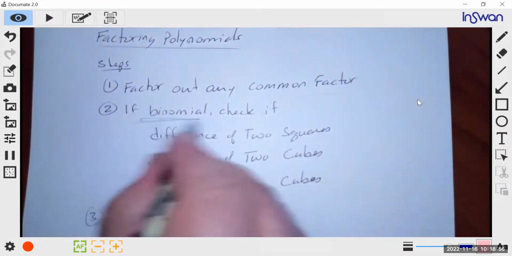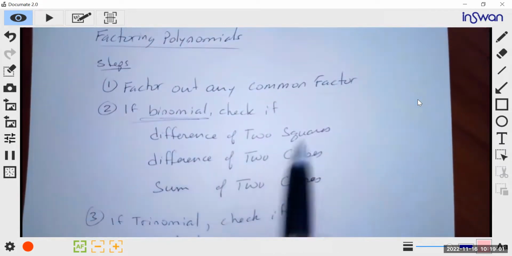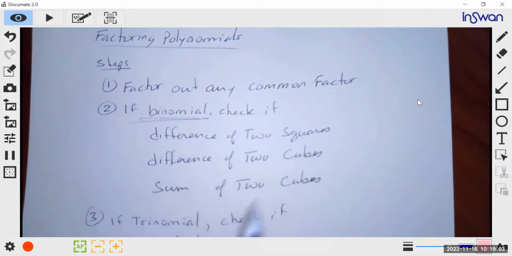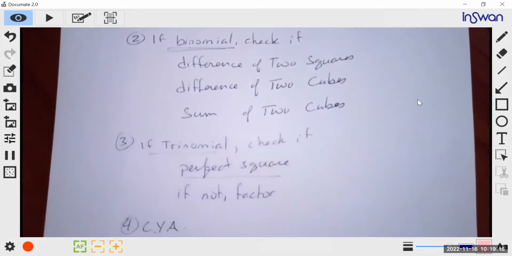If you have a binomial, only 2 terms, check to see if it's a difference of 2 squares, a difference of 2 cubes, or a sum of 2 cubes. Check to see if any of those exist. If it's a trinomial, see if it's a perfect square, like we did today. If not, then factor it the way we did earlier. And always check your answer.